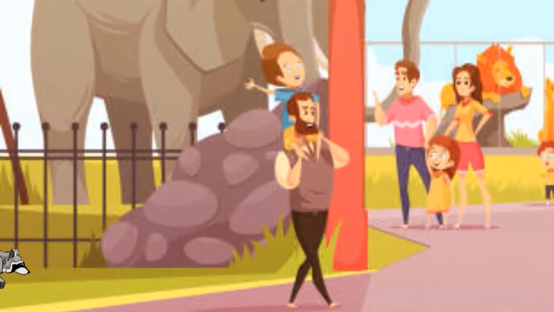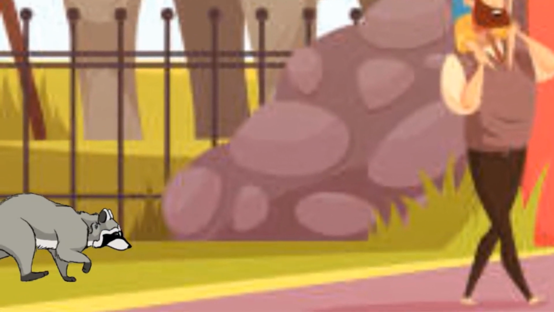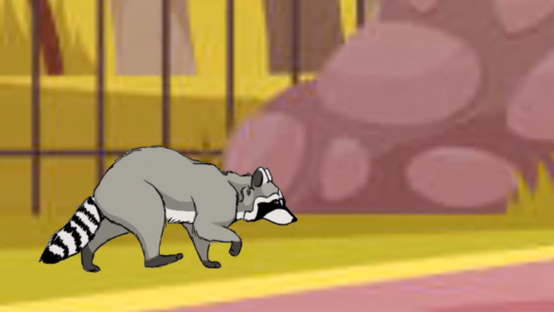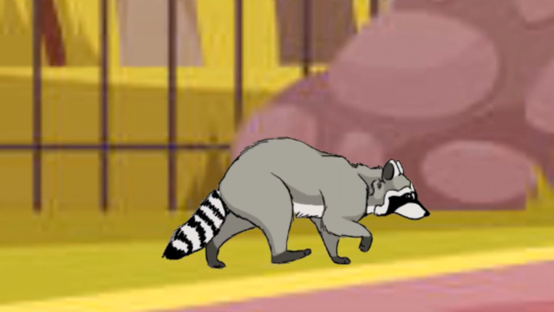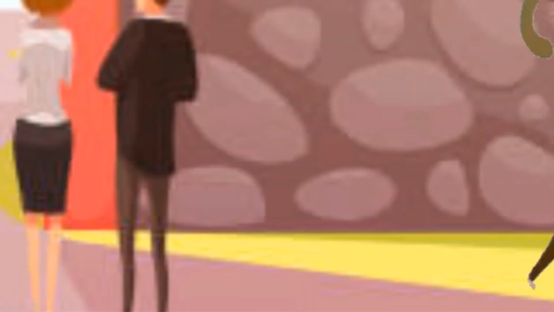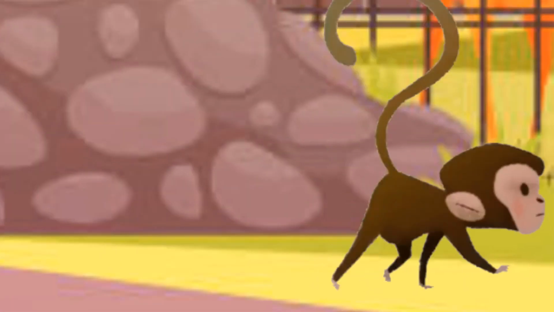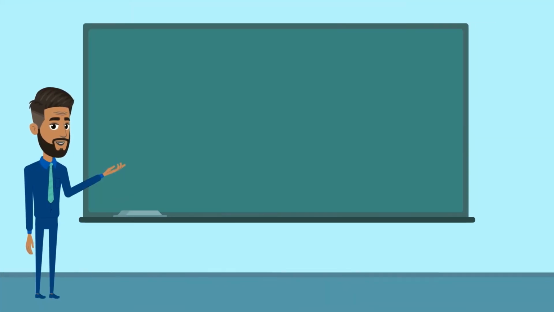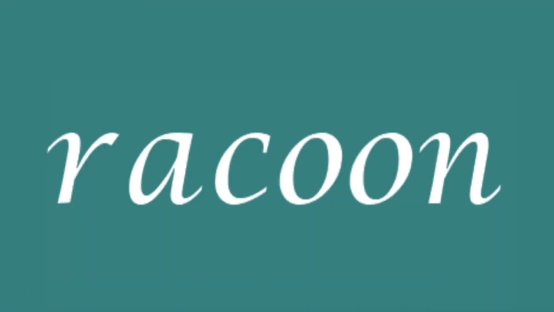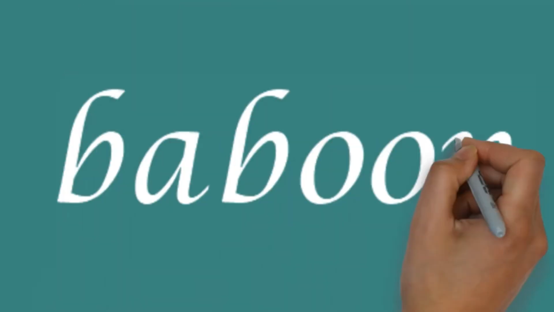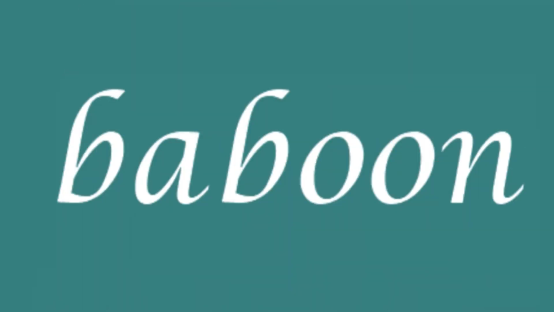And last but not least, we head over to a zoo where we can see a raccoon and a baboon. Now, what were our two words? We had raccoon and baboon.